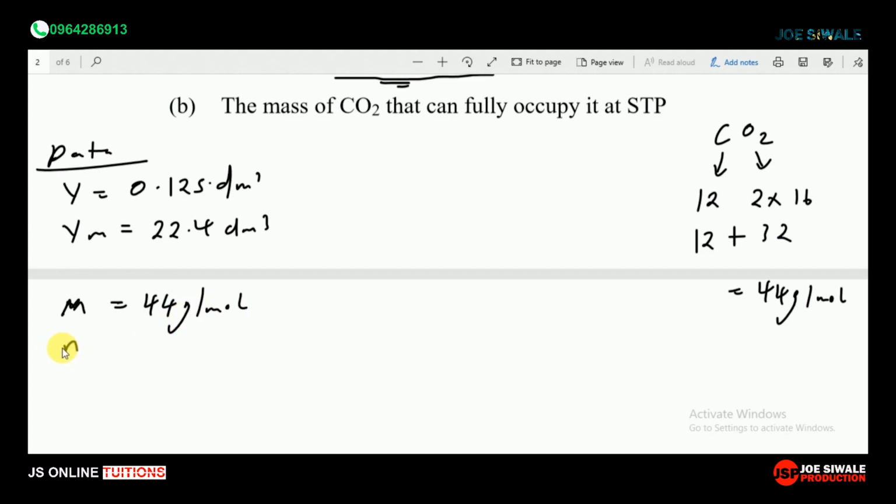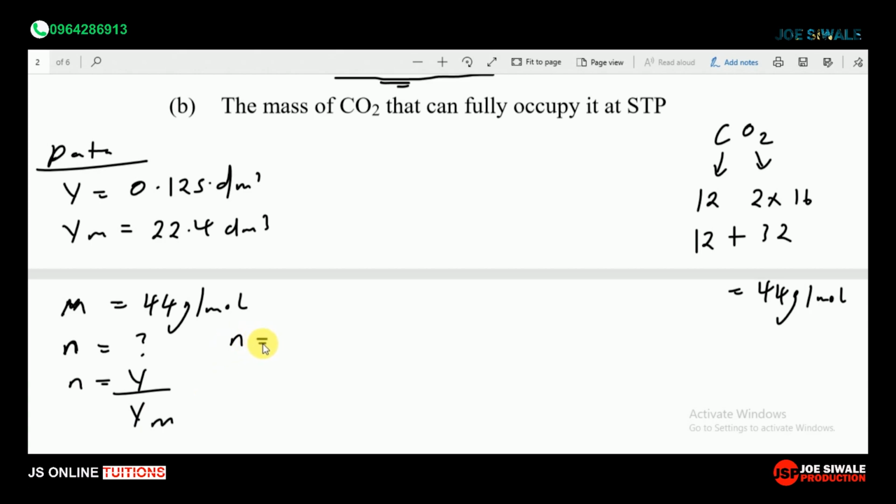Then the number of moles, we also don't have. So the first thing that we're supposed to do is to calculate the number of moles. So to calculate the number of moles, we're going to say number of moles is equal to volume divided by the molar volume.